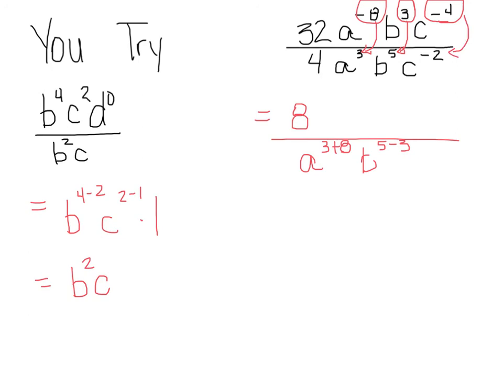So in the denominator, we have c to the negative 2 plus 4. My answer, 8, a to the 11th, b to the 2nd, c to the 2nd.